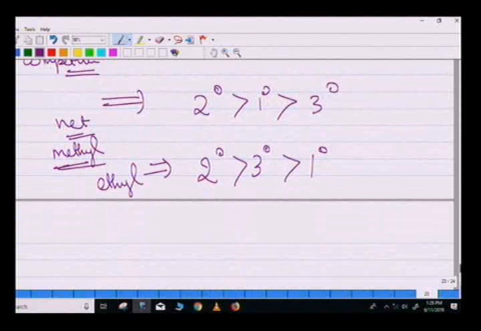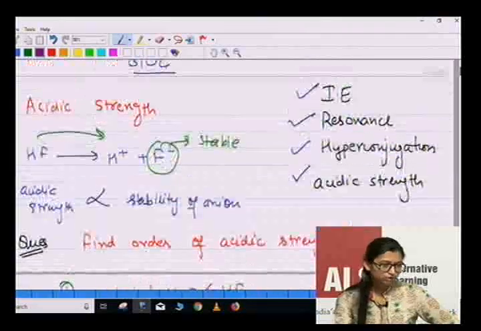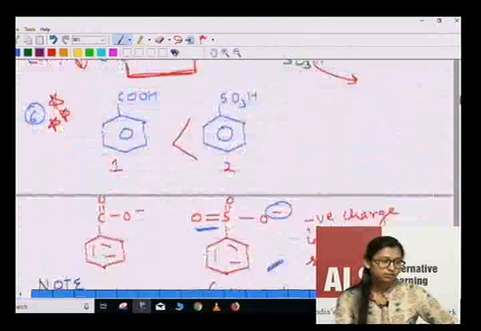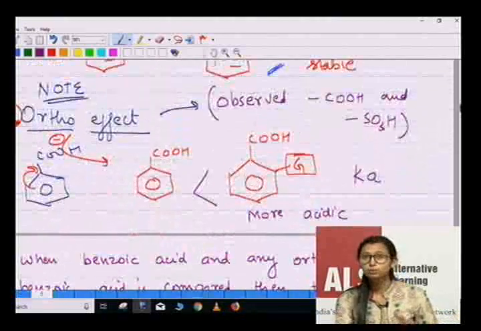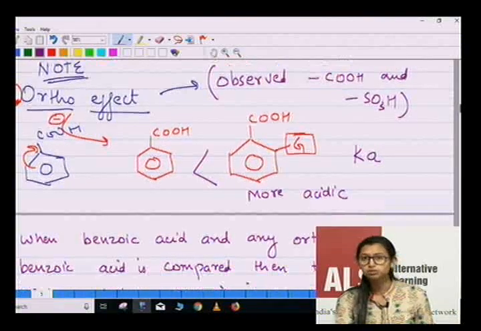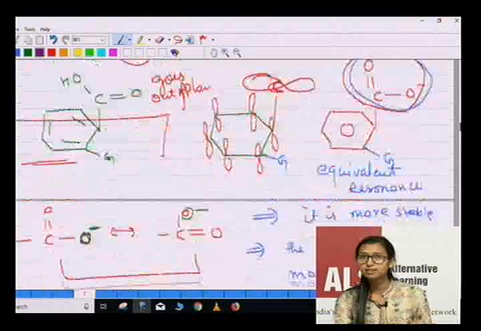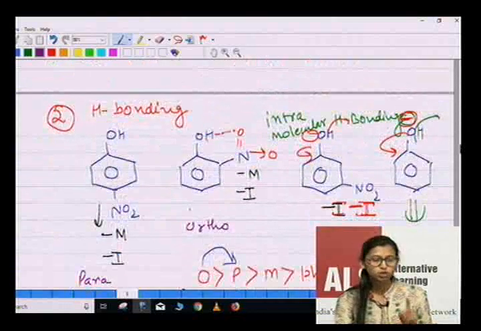So we have done a lot of things today, Shillong. Have a quick look. We started from the acidic strength, that was all revision. We talked about sulfonic acid, benzoic acid, and the ortho effect. Ortho substituted will always be the more acidic one. The reason is clear to everyone. H bonding question was there, orthonitrophenol, paranitrophenol.